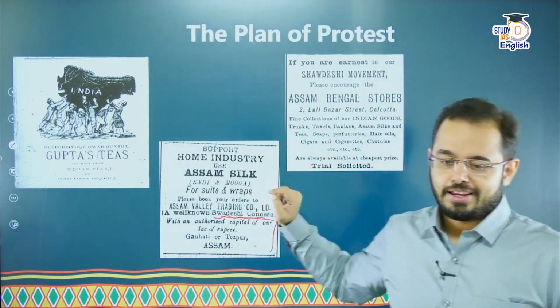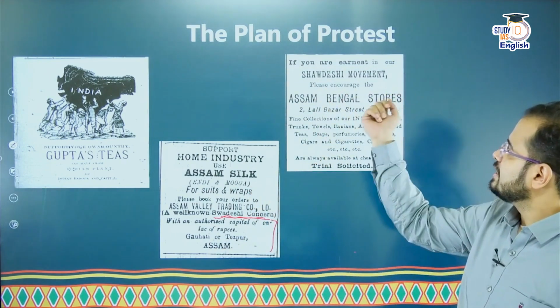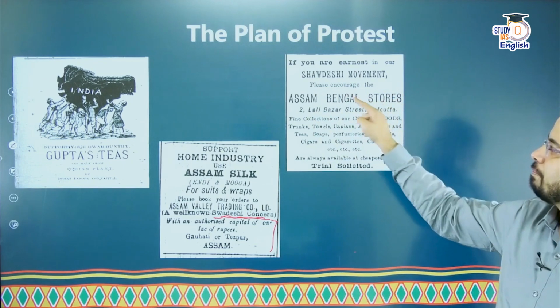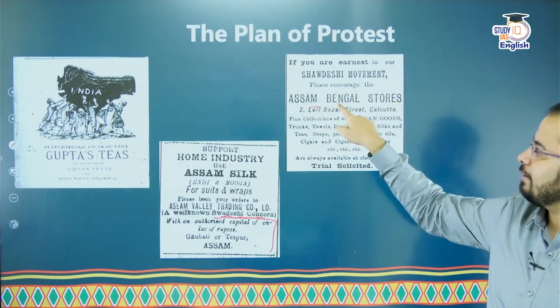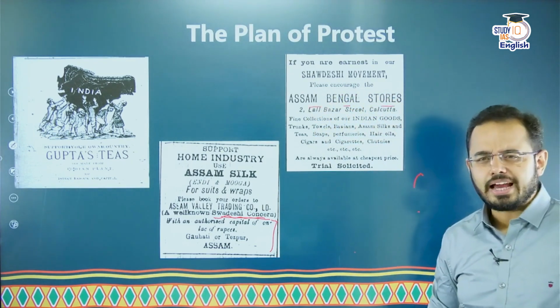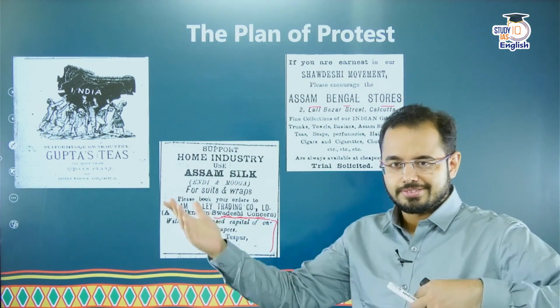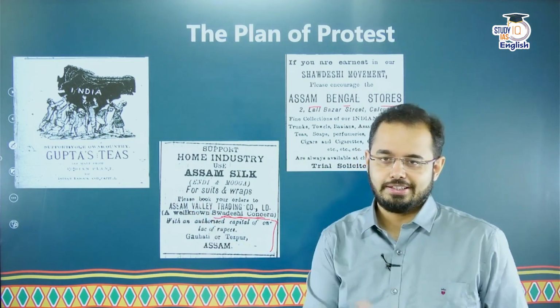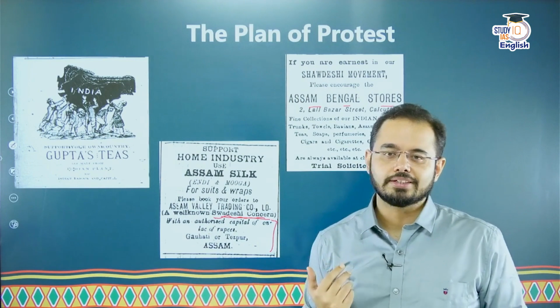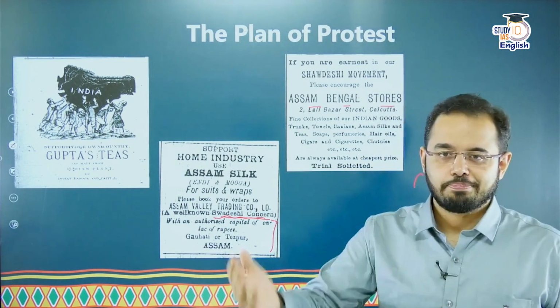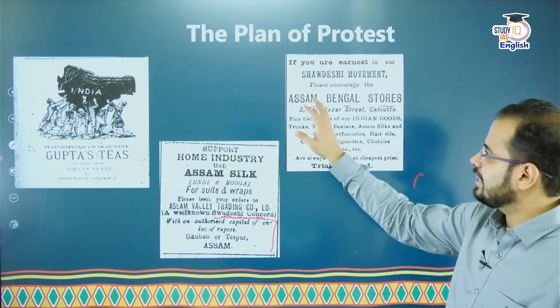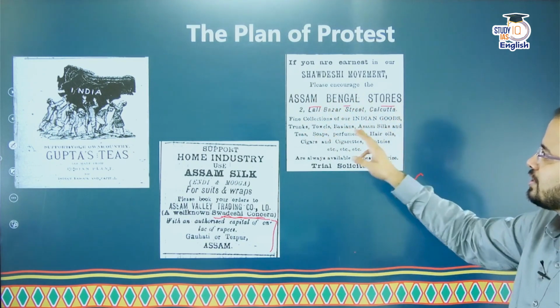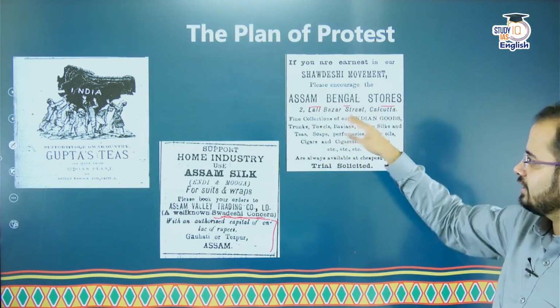Look at this. If you are earnest in our Swadeshi movement, please encourage the Assam Bengal Stores. Remember, at that point of time, Assam was not separate from Bengal, right? It is today that we are seeing Assam being separated, but Assam was also part of Bengal. So he's saying please encourage Assam Bengal Stores, 2 Lal Bazar Street, Calcutta, that's the address.